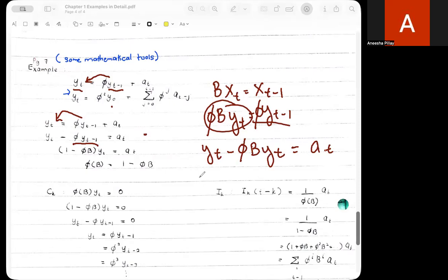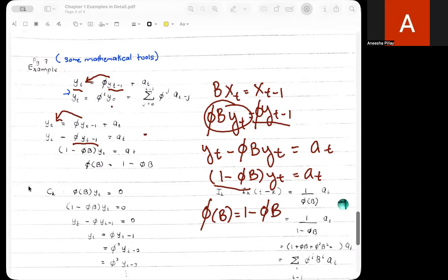If you factorize your yt, you are left with 1 minus phi B times yt equal to at. Later on, you will understand why it's very convenient to have this backward operator. So in this case, the function of your backward operator will be 1 minus phi B.